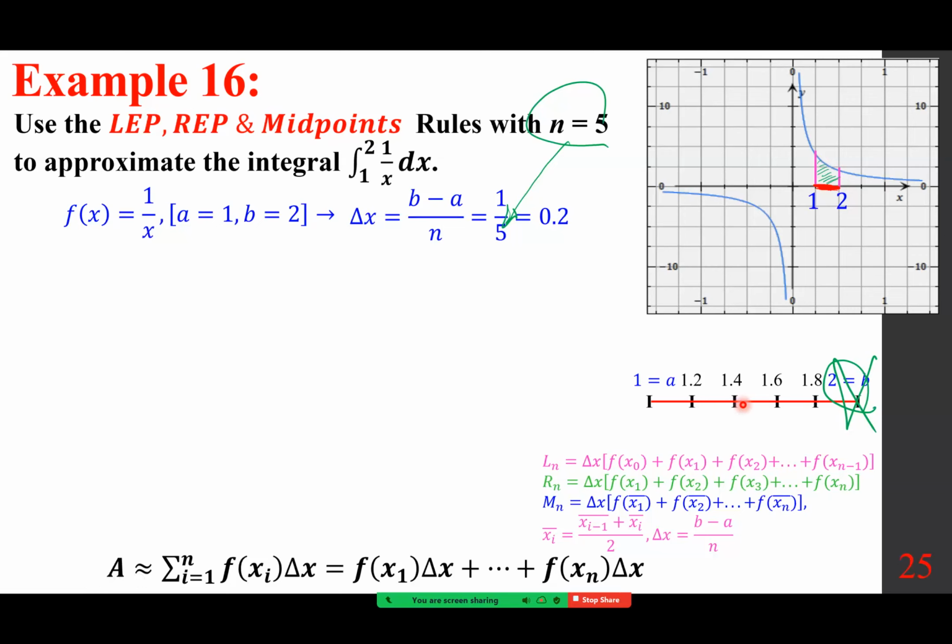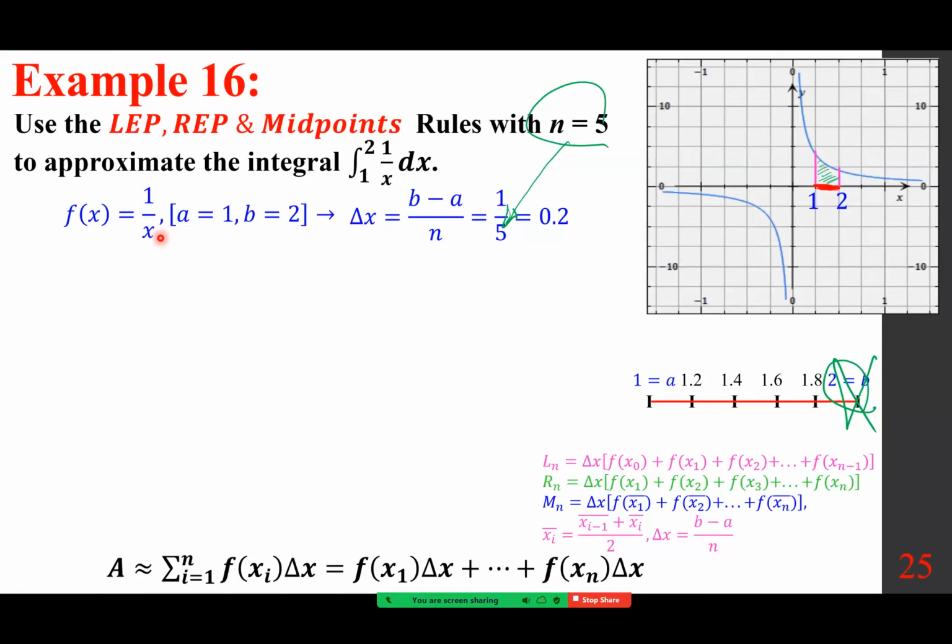So f of this point, f of A, then f of 1.2, f of 1.4, f of 1.6, f of 1.8. Each one represents the height. Each one must be multiplied by the width, which is delta x.